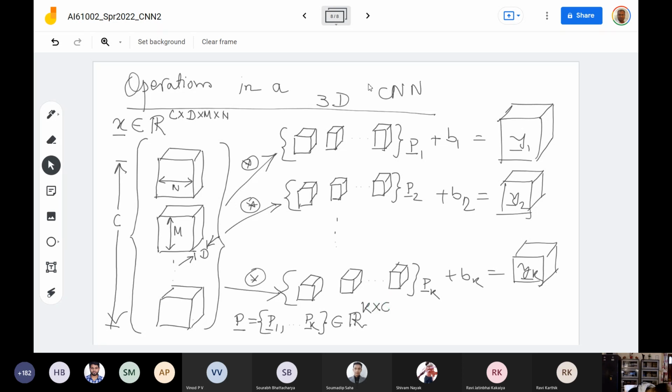So this is my dimension along channels. Now they will have a different depth. So say they will have a depth of D cross H cross W. So this is what I will have in this P. Now this Y over here is also going to be a concatenation of all of this Y1 up to Yk.